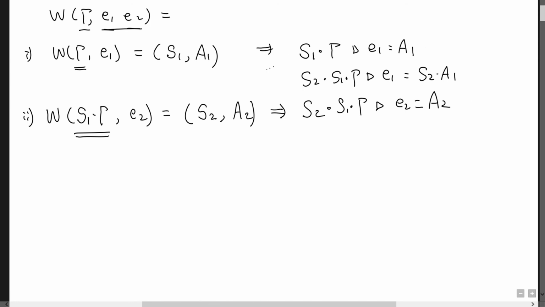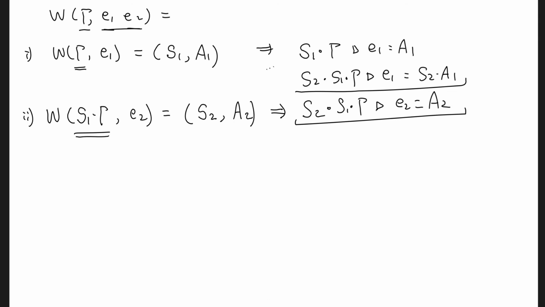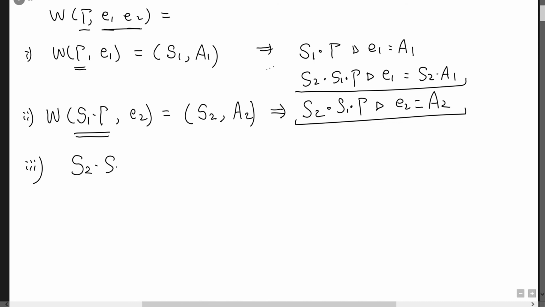So now we'd like to exploit these two typing judgments. The typing context we have produced so far is S2 S1 gamma, and expression E1 has type S2 A1, and expression E2 has type A2.